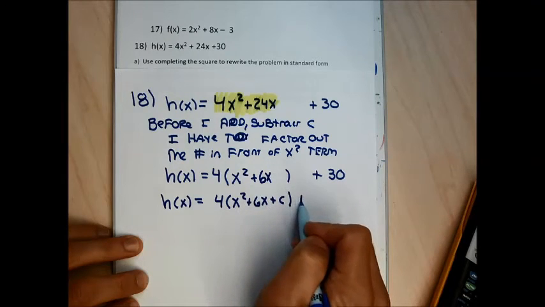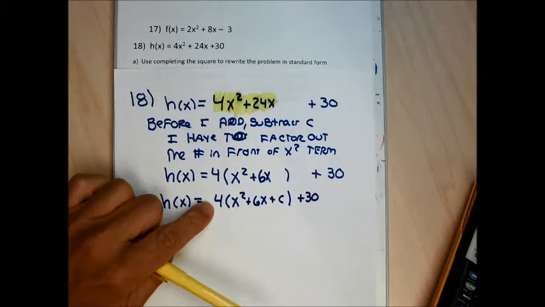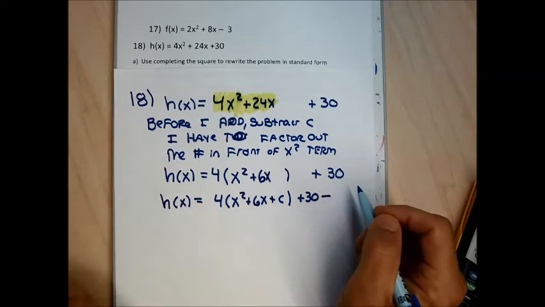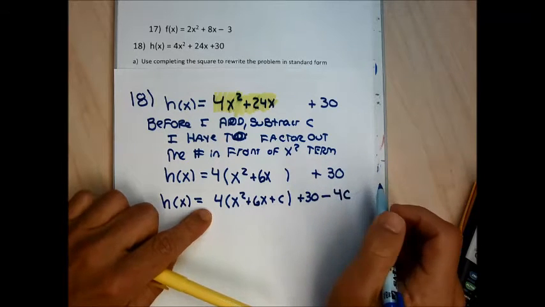So I added c. The number in parentheses is going to wind up needing to go in front of the c. When you add and subtract c, if there's a number that you put in front of the parentheses, you need to put that number in front of the c.